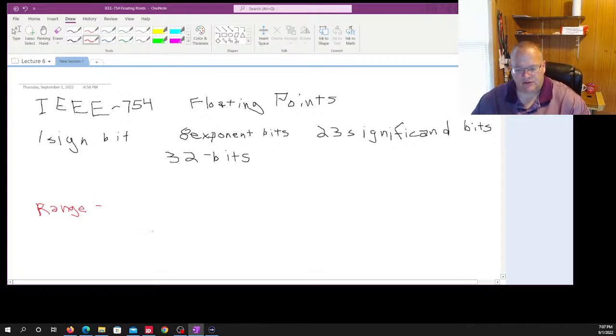So range is the same as it would be in a mathematics formula, in that this is the highest possible value minus the lowest value.